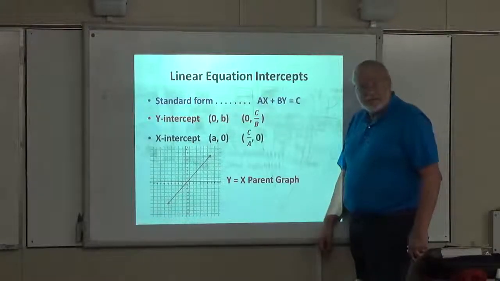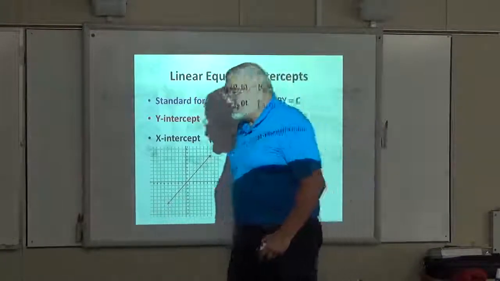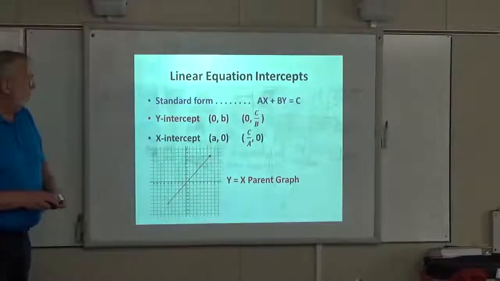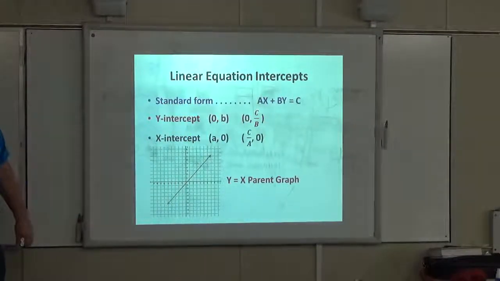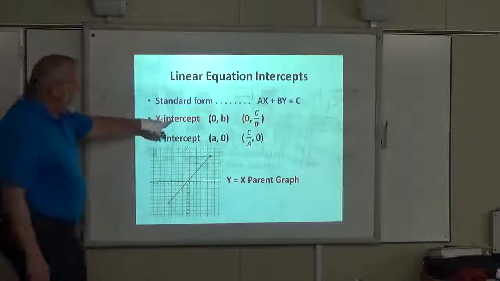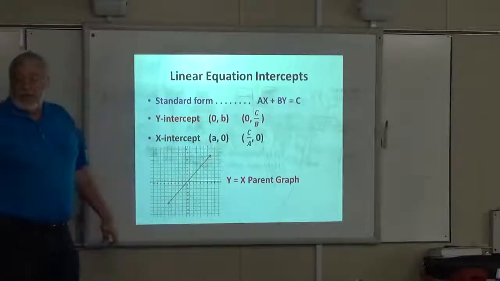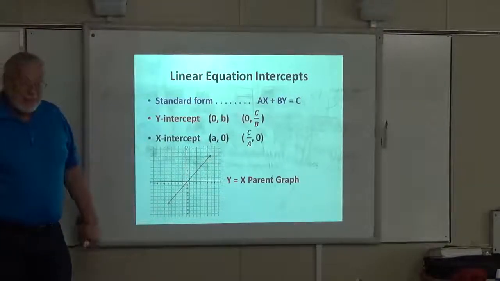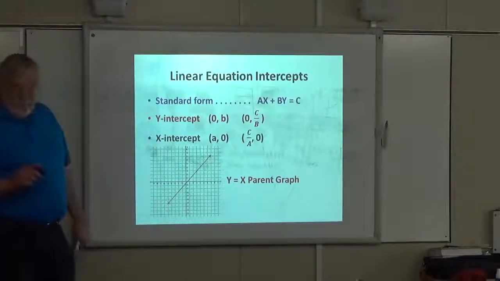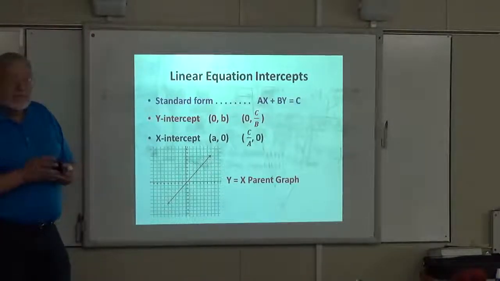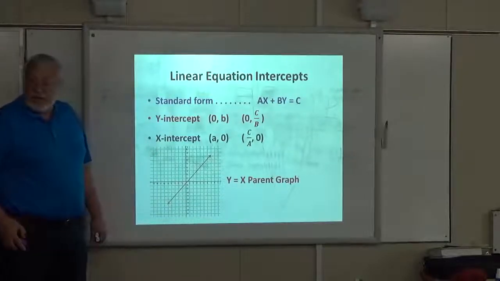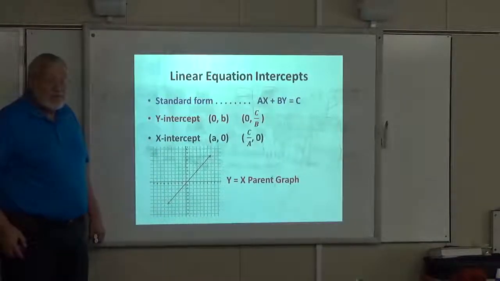See that? Now, if you know the slope and you know the y-intercept, you can write y equals mx plus b pretty fast, and then be able to graph it. Ready to move? Almost? Okay.